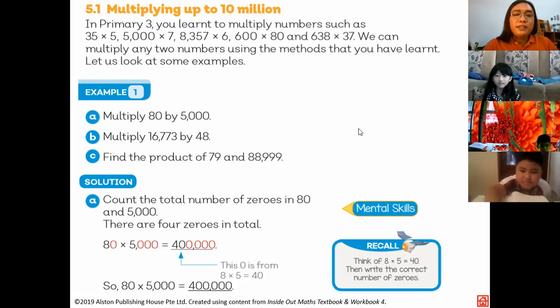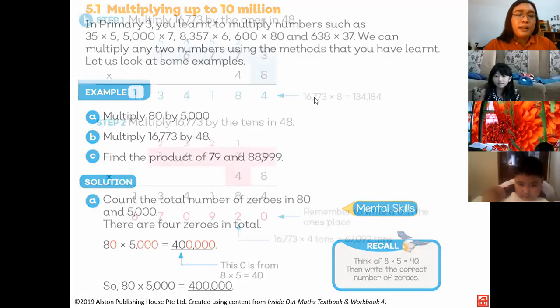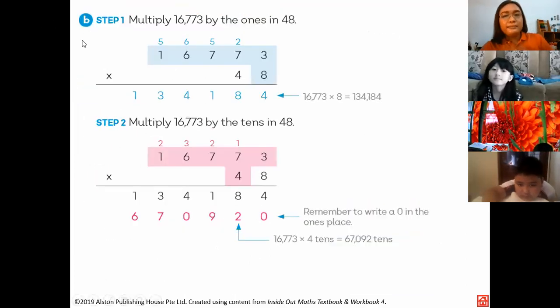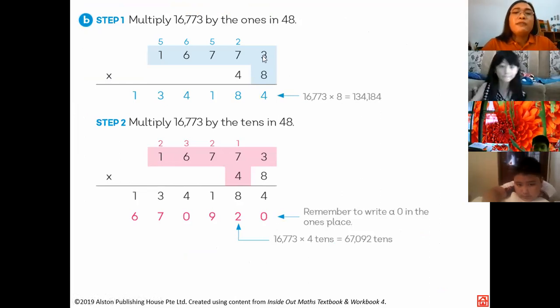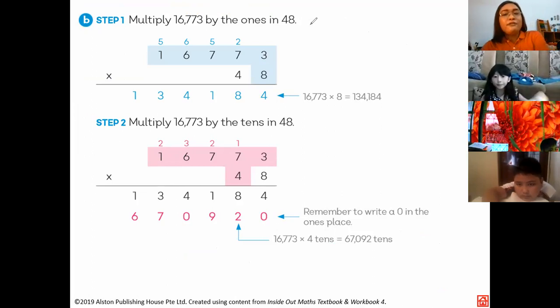Okay, now let's proceed to letter B, solution for letter B, step number 1. You just have to multiply 16,773 by 48. So here we go.